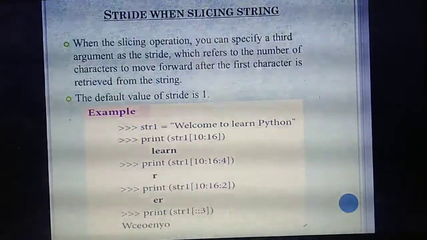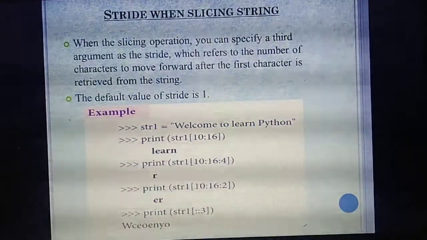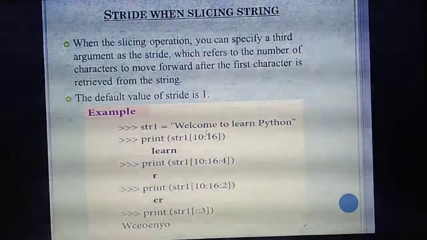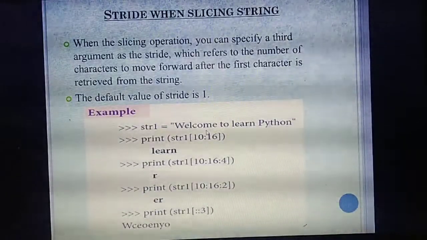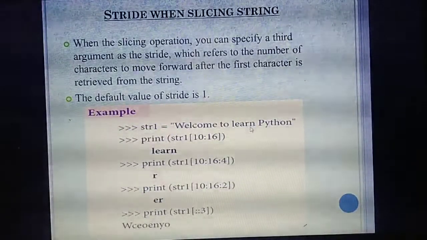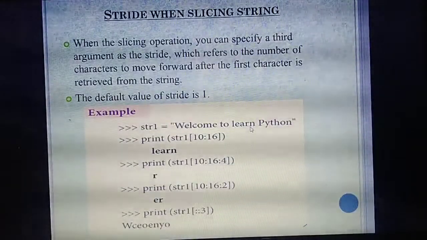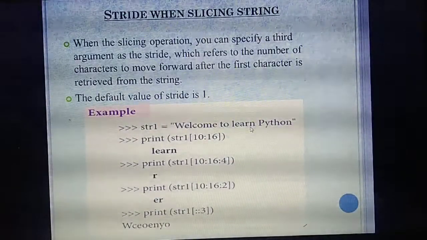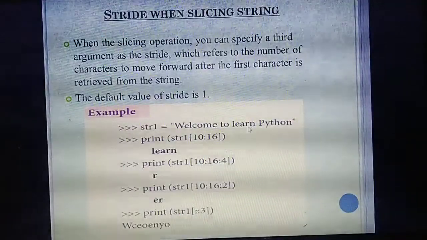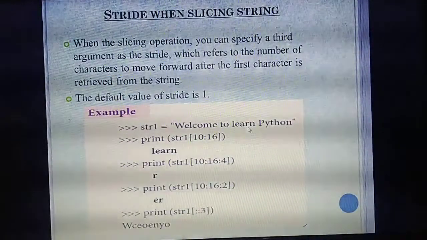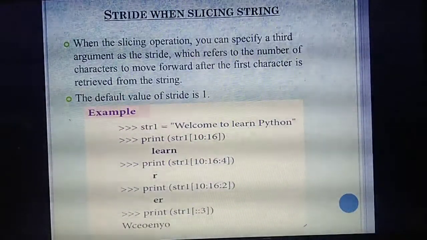In that paper, write this sentence: Welcome to learn Python. Have you all written?